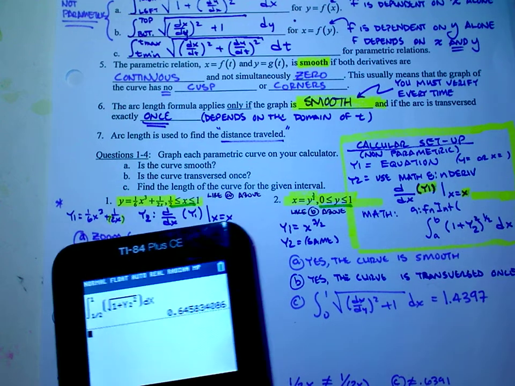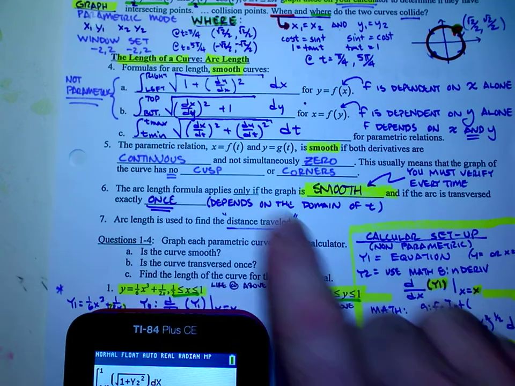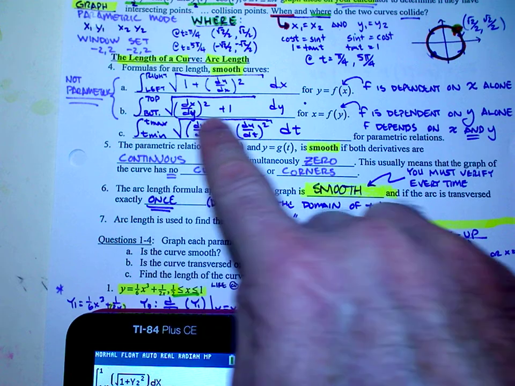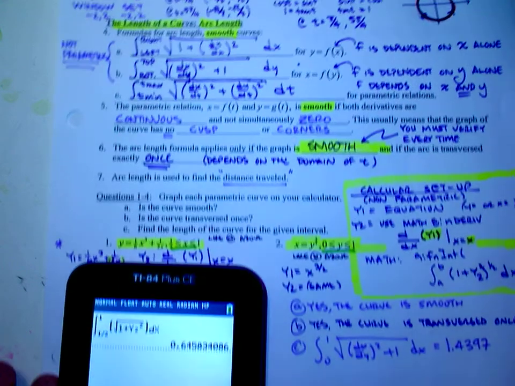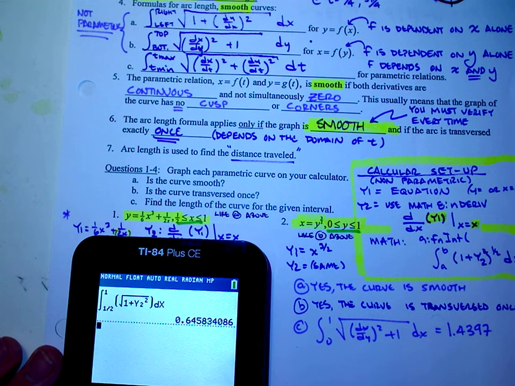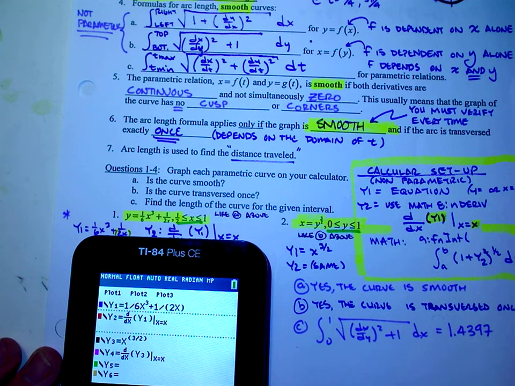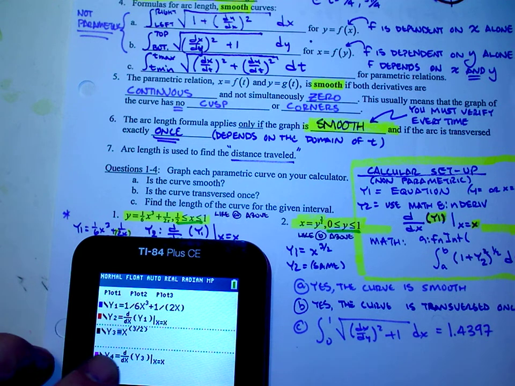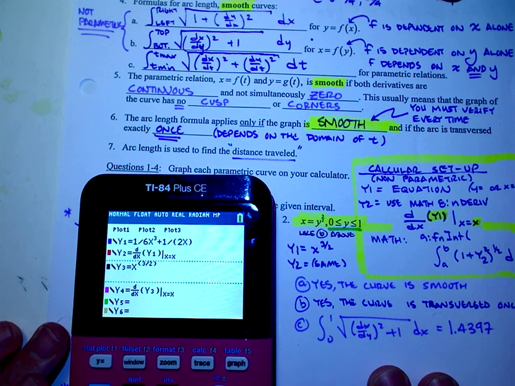Let's take a look at our second one, which is similar to our second type up above. In this case, x is the one that is dependent on y and y alone. So I went ahead and put those in my calculator already. You'll see I have y3 and y4 used up with those.